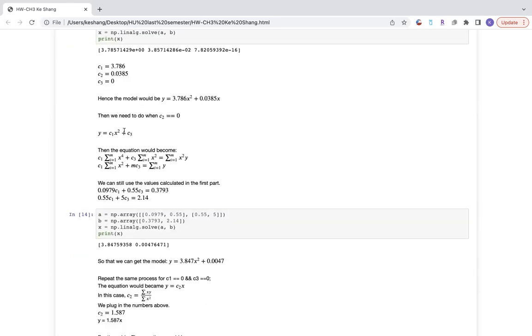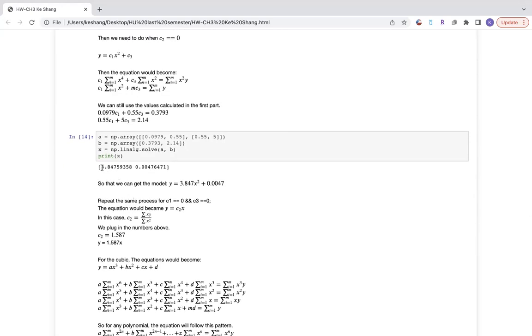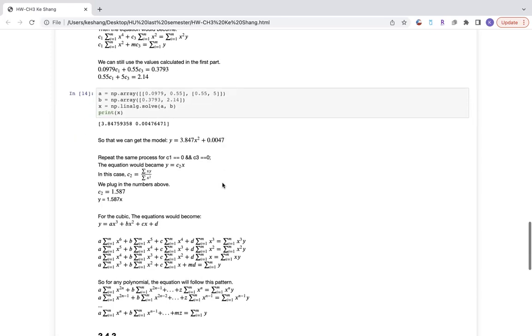The two equations become this, since we don't need to do partial derivatives on C2. We can still use the values from above to calculate the two unknown variables. So the equation becomes 3.847 x squared plus 0.0047.